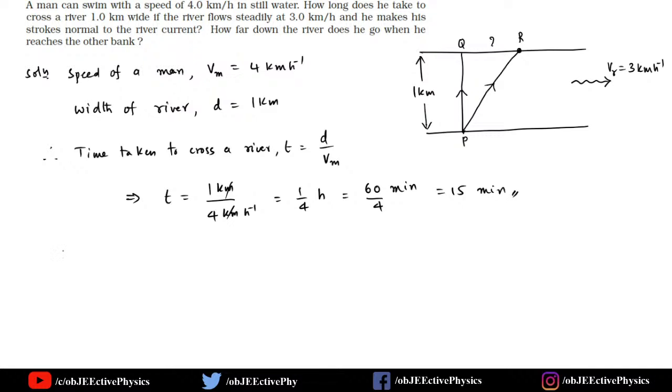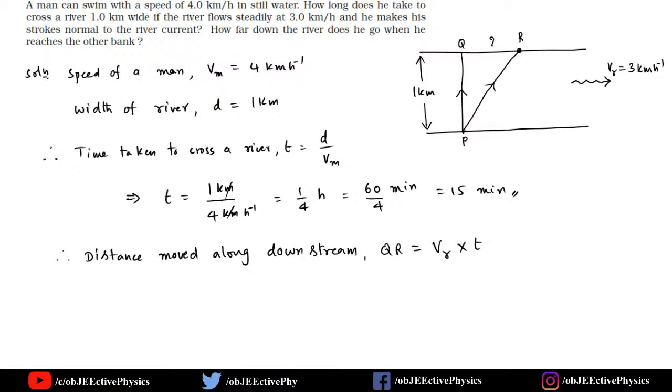So in 15 minutes, the distance moved or drifted along the downstream, that is QR. QR is equal to speed of river into time.